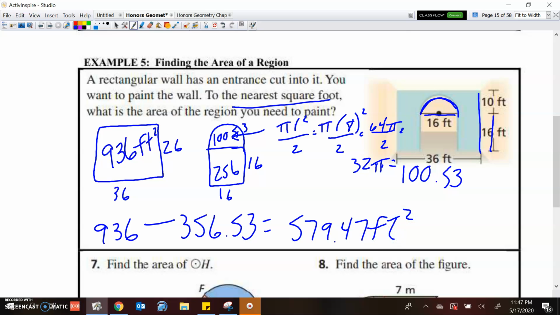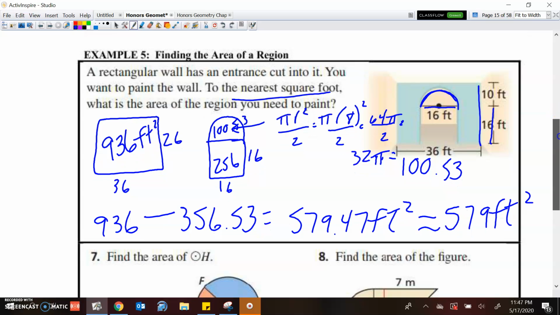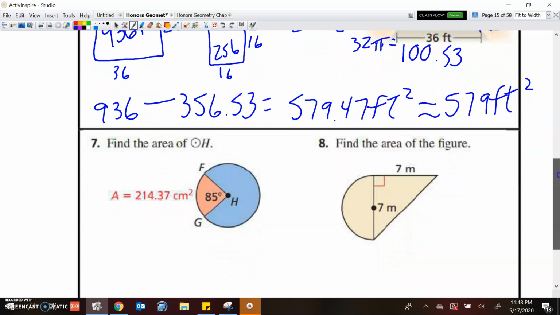So to the nearest square foot, what is the area of the region that you need to paint? We need to paint 579.47, which is about 579 square feet. Then your paint is sold per square foot, so you would figure out if a certain can of paint covers, say, 10 square feet, how many cans of paint you need, whatever it is you're getting. Okay, so that's that.